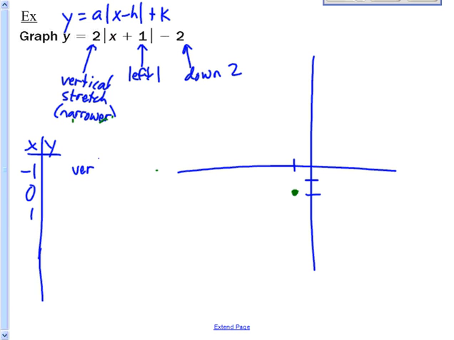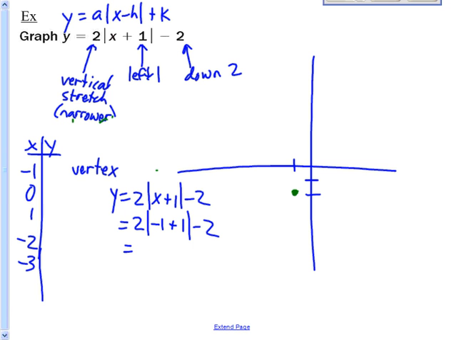Again, this is my vertex. An x value of negative 1 is my vertex. So I'm going to go to the left now, negative 2, negative 3, at least a couple to the left. Okay? And I plug it in one by one. All right, negative 1 goes in. And we already know the vertex, but I'm just showing you that we can plug it in and find the k value if we want as well.